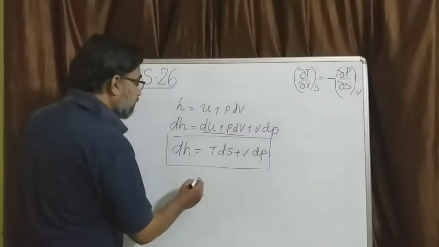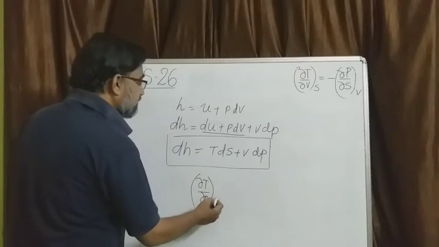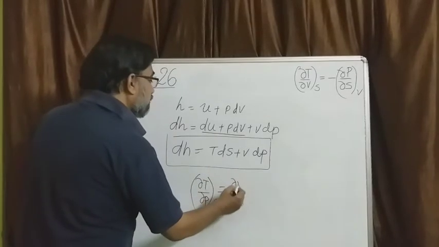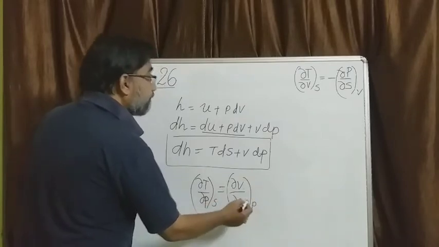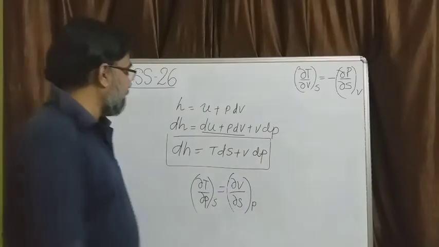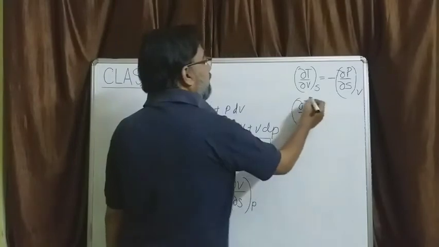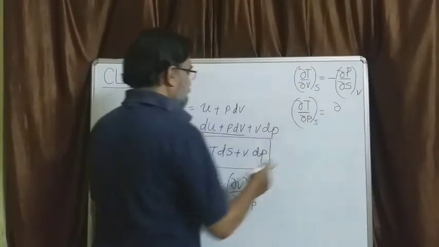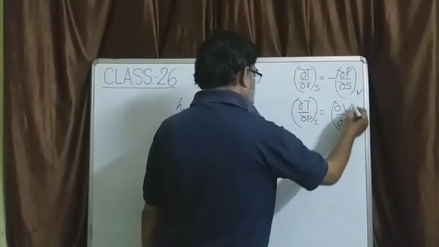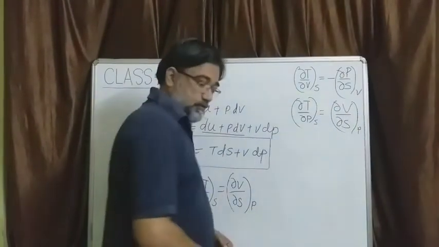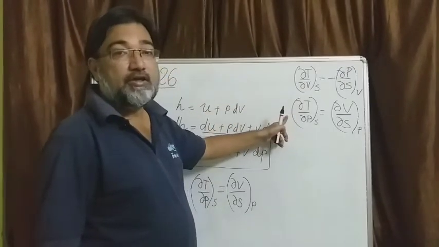Now write (∂T/∂P) at S is equal to (∂V/∂S) at P. Let us write it here. (∂T/∂P) at S is equal to, here there is no minus sign, (∂V/∂S) at P. Okay, so this equation we got from the first law, and this equation we got from the definition of enthalpy.